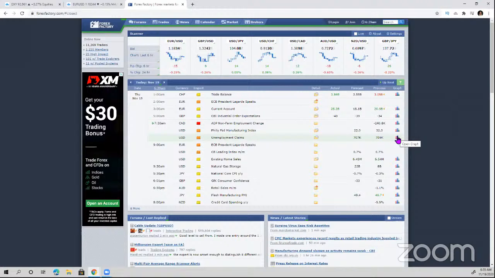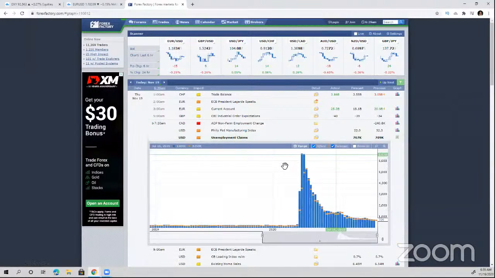Unemployment claims, I don't think we're going to have a big move on the market with unemployment claims, because as you can see, after the coronavirus pandemic spike in unemployment claims on a weekly basis, I mean, this was huge. We've kind of based.